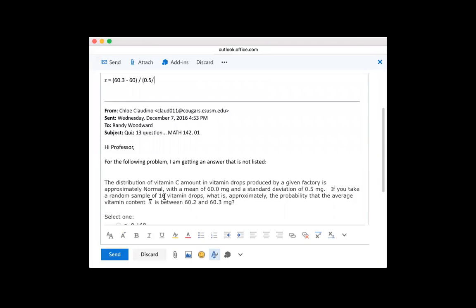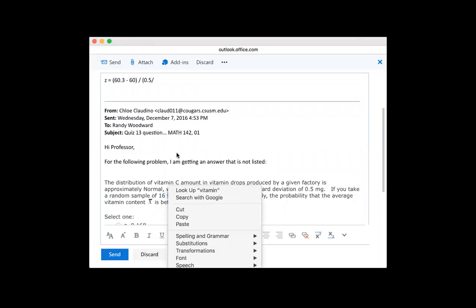I was trying to save everybody a lot of work by giving you numbers that are perfect squares. So we can just take the square root of 16 as 4.